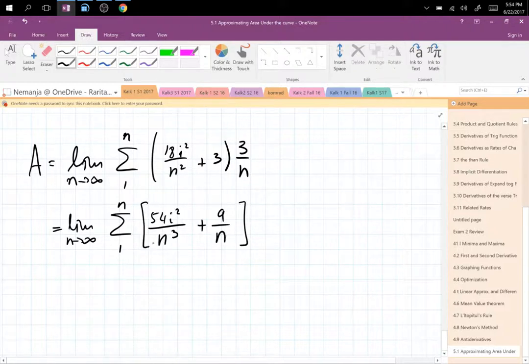Don't forget parentheses or brackets, because summation has to apply to all of these terms. All right, now the next order of business is to separate this into two sums. One that operates on the first term, and one that operates on the second term.